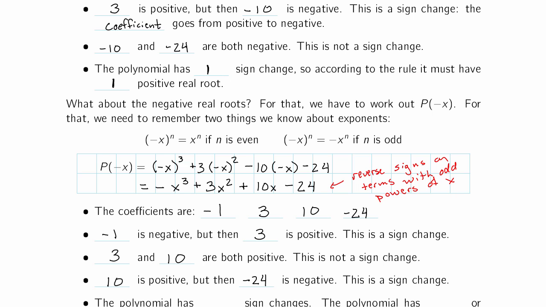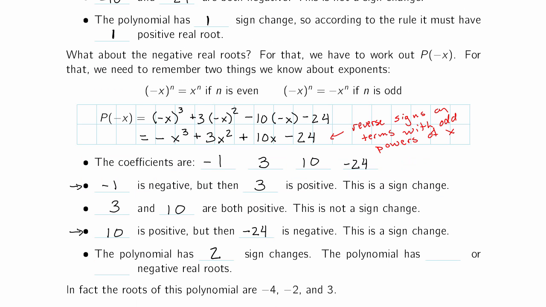That's a sign change. So we have 2 sign changes. So this polynomial might have 2 negative real roots, or it might have 2 less than that. It might have none. It either has 2 or it has none.